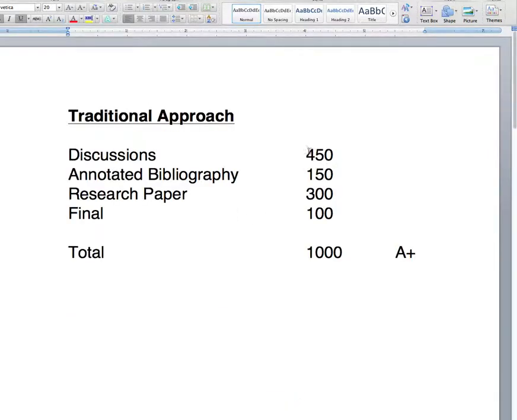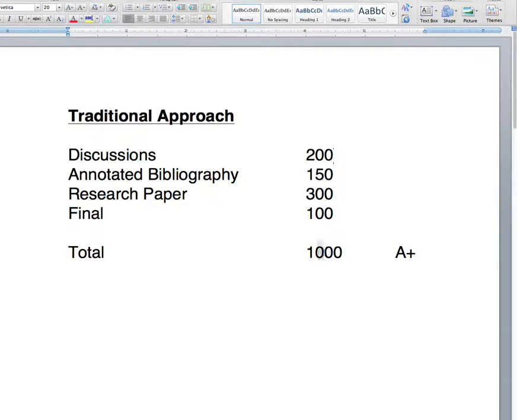Mostly it's just a matter of building your grade, but there are some things you have to do, mainly discussions. So in this scenario, you always have to have at least 300 points in discussion. And so let's say you only did 200 points. That's under that 300 point scale.